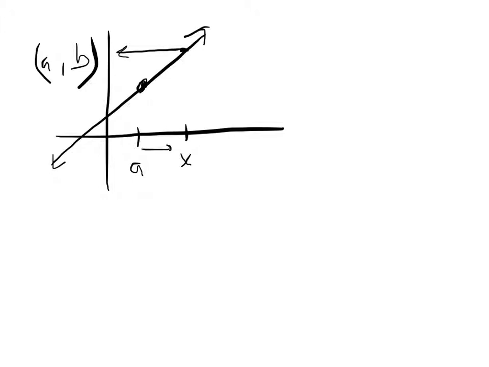How could I view that process? Well, that output value is going to be determined by starting at this point (a, b), starting at that y-coordinate b, and then moving up this amount to get to the new point at x.